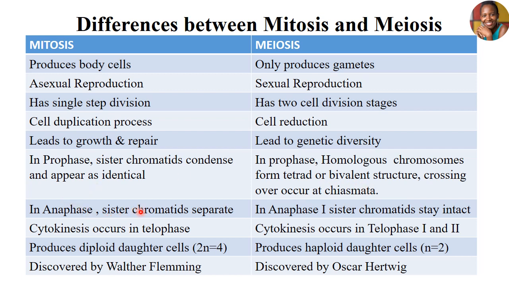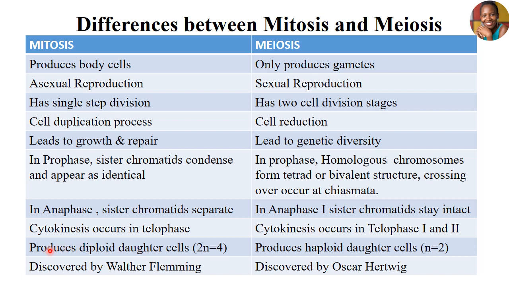In the anaphase stage of mitosis, the sister chromatids are what separate. But in anaphase 1 of meiosis, the sister chromatids normally remain intact, and what divides in this phase are the homologous chromosomes. In mitosis, cytokinesis occurs in the telophase stage, while in meiosis, cytokinesis occurs in telophase 1 and telophase 2 stages.